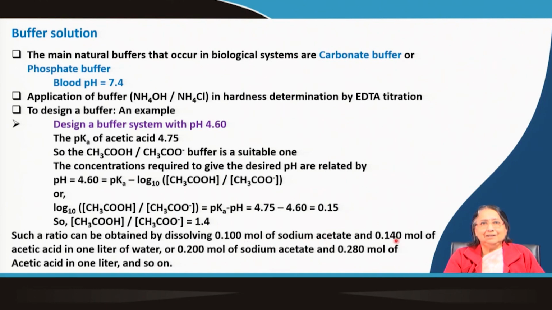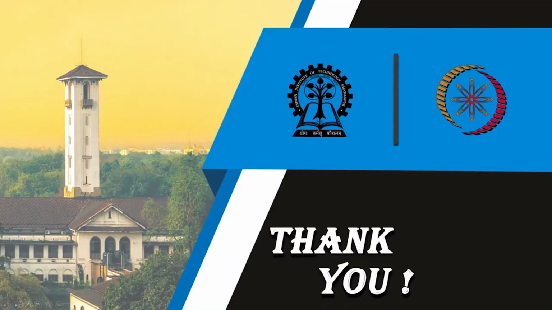Here the ratio is coming, and here also the ratio is coming. So you can choose either this combination or this combination, even other combinations also. I think you have understood this part, because first you have to see which buffer we have to take, which combination, and then we have to decide what concentration we have to take for the salt and the acid.